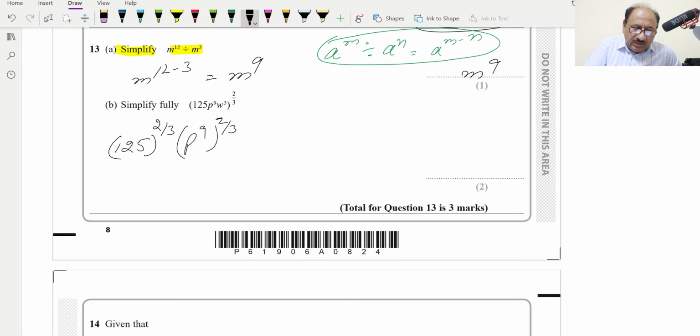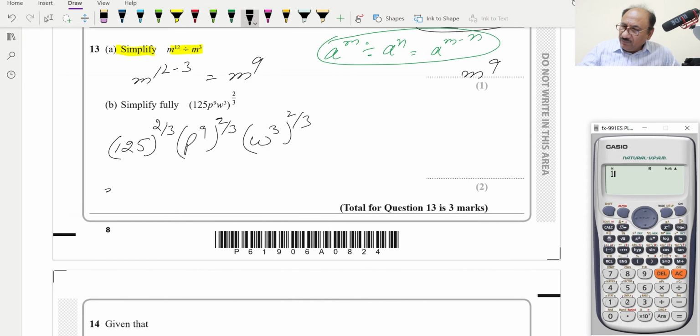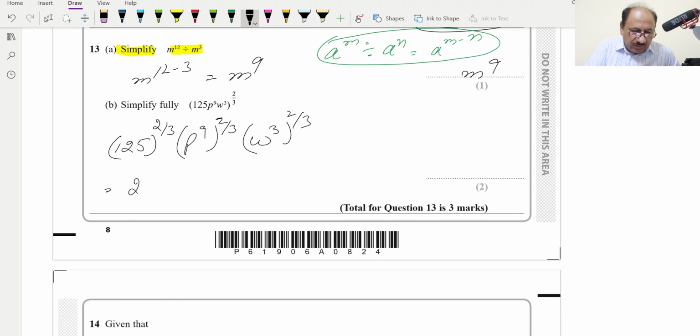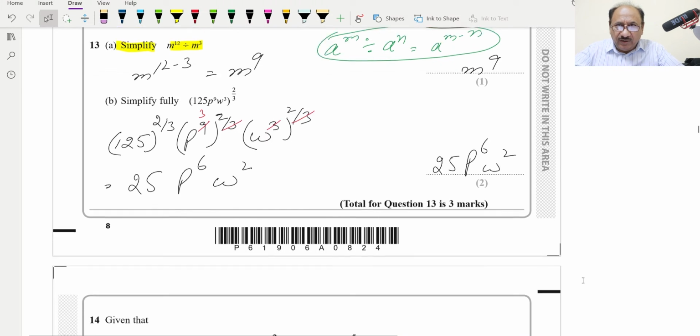Similarly, we can write w cubed raised per 2 by 3, and if we calculate 125 raised to the power fraction, which is 2 over 3, and this will give us 25, so we can write directly 25, and rest calculations, 3 3s are 9, and this will be cancelled, and we will get 2 into 3 will be 6, so p raised per 6, w raised per 2, and answer will be 25 p^6 w^2. This will be our final answer.